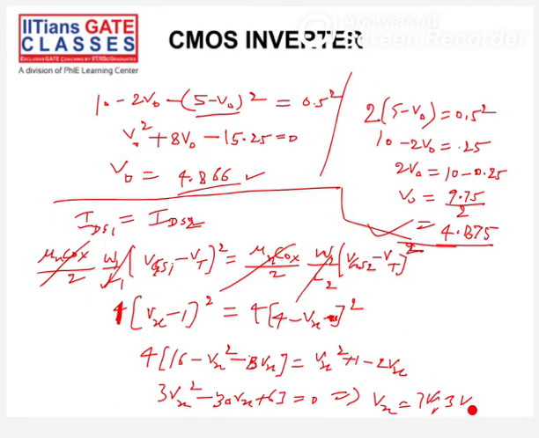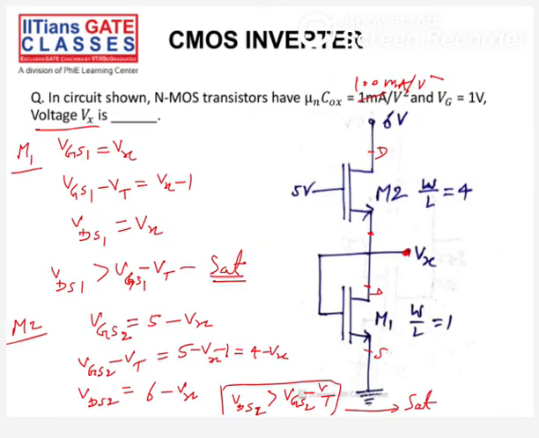Two values we got for Vx. Now we have to understand which one is the correct value here. Vx is 3 volt or Vx is 7 volt. Suppose we take Vx as 7 volt. We have VDD of 6 volt only, so can we get 7 volt? Is it possible?